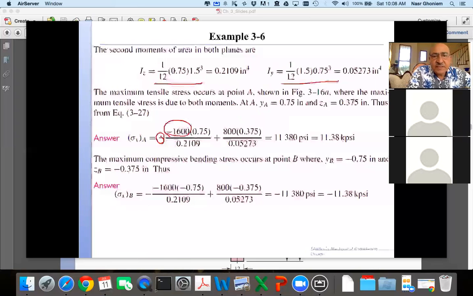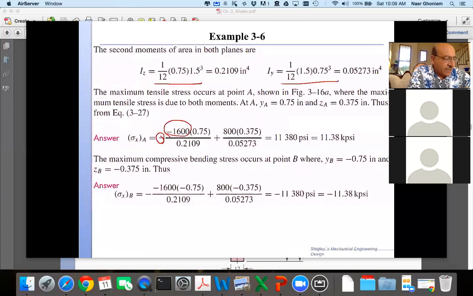So Mz times y, the maximum. Point A has coordinates y equal to 0.75 and z equal to 0.375 half. So we would just use this addition.